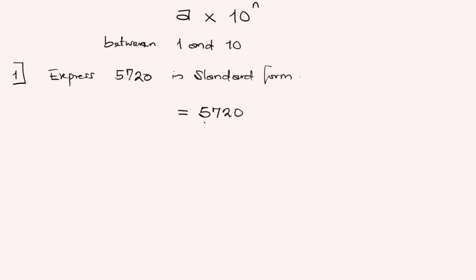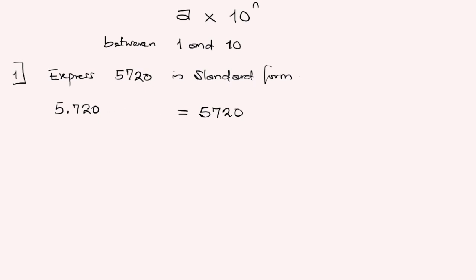Now, the first number here is 5, so I would advise we write 5.720. 5.720 is definitely between 1 and 10. And that's the only way we can get any number between 1 and 10. We can't write 0.572 because that will be less than 1, and we can't write 57.2 because that will be more than 10. So the number we can express from here that is between 1 and 10 is 5.720.